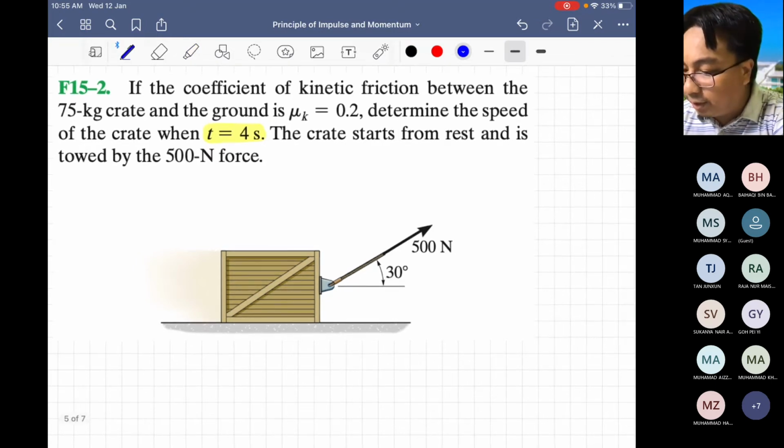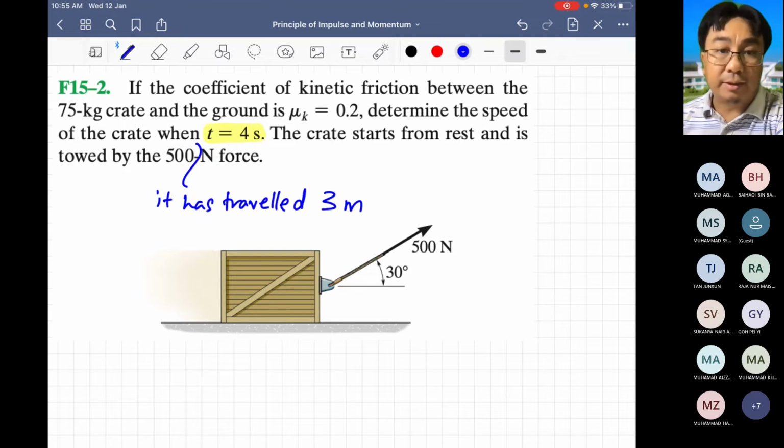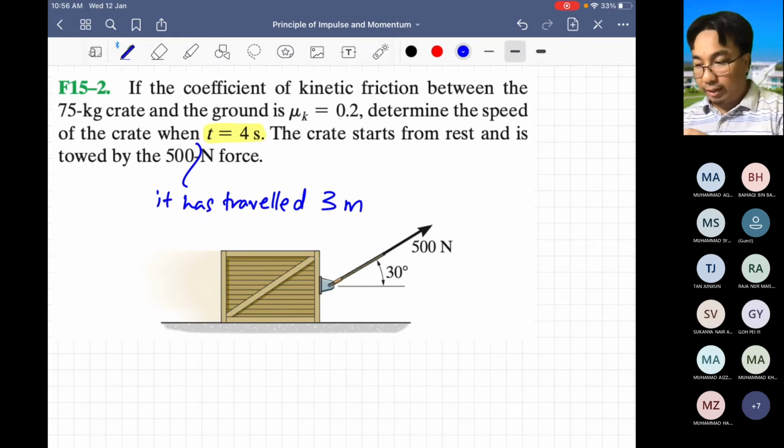Dia akan tanya determine the speed of the crate when, contohnya when it has travelled 3 meter, for example. Kalau work and energy, dia akan tanya macam ni. Dia akan tanya determine the speed of the crate bila dia dah travel 3 meter. So dia akan menggunakan distance.